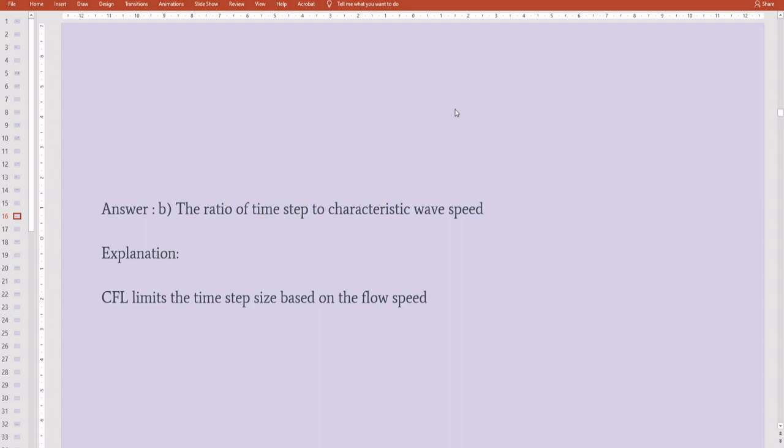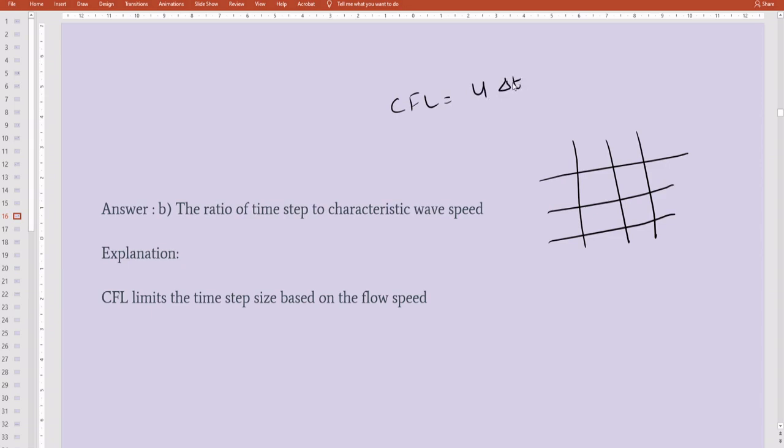Actually, the CFL criteria is about how, suppose, the equation for CFL is U delta T by delta X. This is how the CFL number is calculated, and we will be setting some limits to the values of CFL numbers.